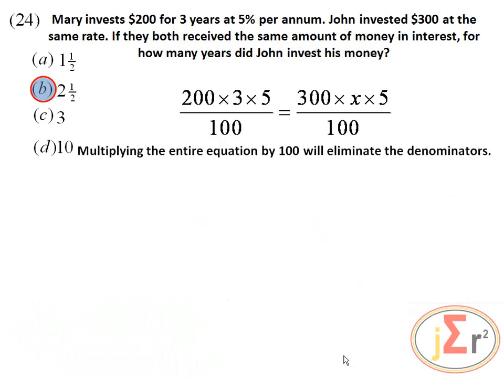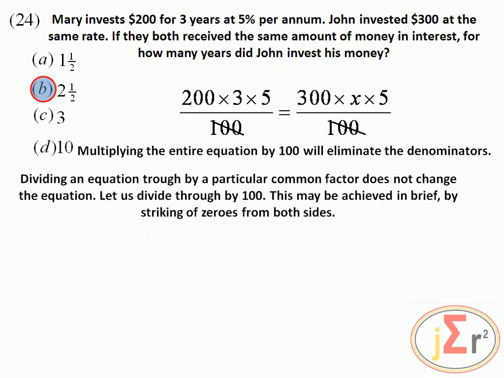We are attempting to solve the equation to show that the time is actually 2 years. Multiplying the entire equation by 100 will eliminate the denominators. The denominators are gone. Dividing an equation through by a particular common factor does not change the equation.